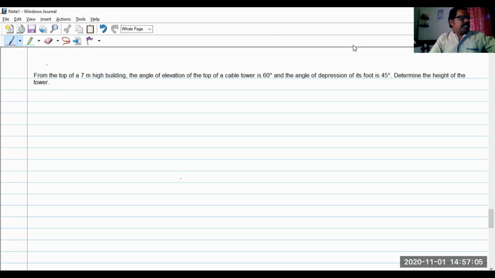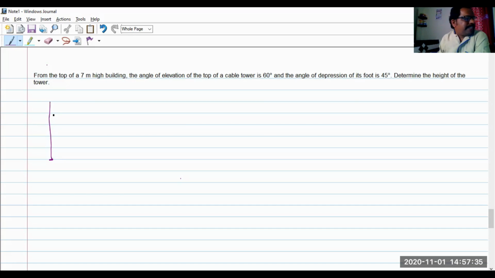Students, let's try to draw the diagram, what is given and what we need to find. From the top of a 7-meter high building, so just try to draw a 7-meter high building. Whenever the building is there, we need to draw a perpendicular line like this, drawn with the help of a scale, a straight line perpendicular, right, like this.